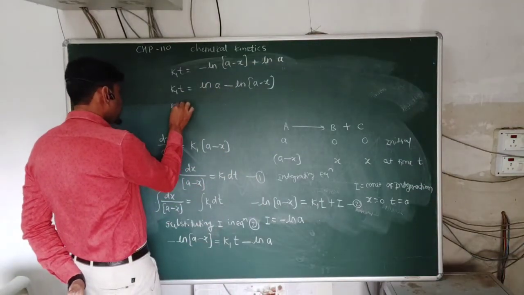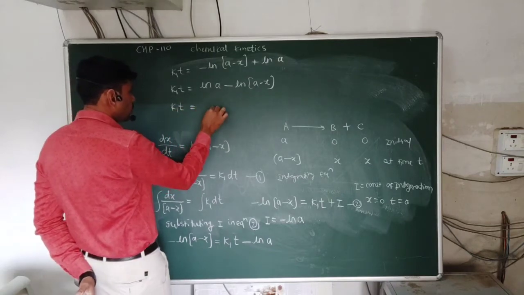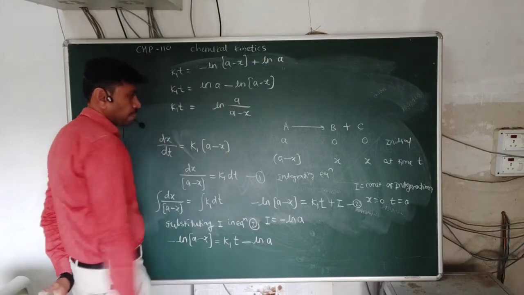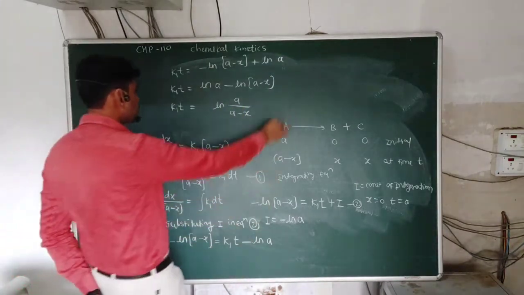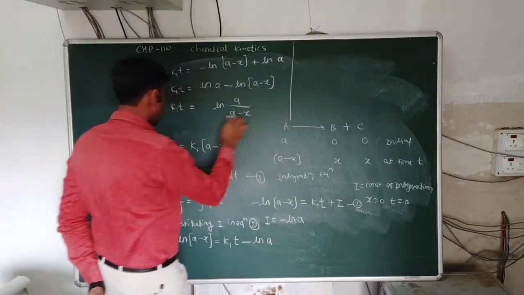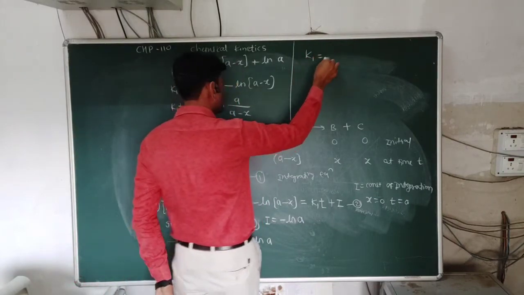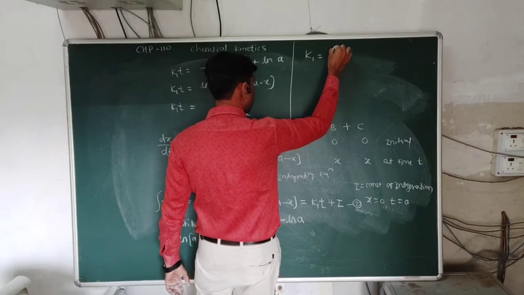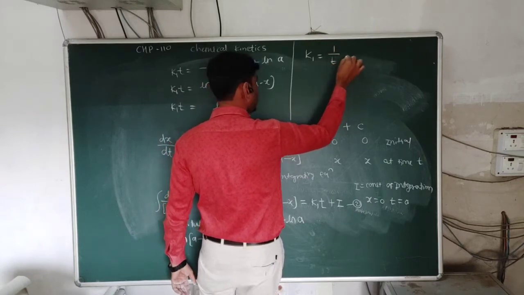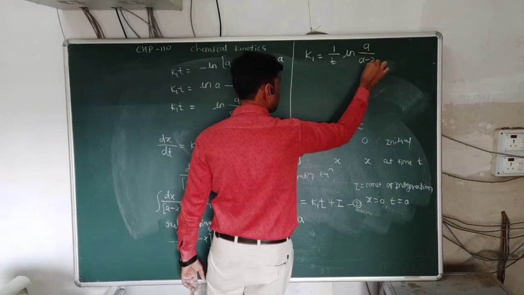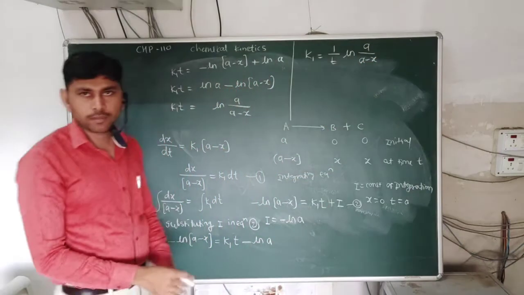So we can write k1t equal to ln of A upon A minus x. Again rearranging for k1, k1 equal to 1 upon t into ln of A upon A minus x.